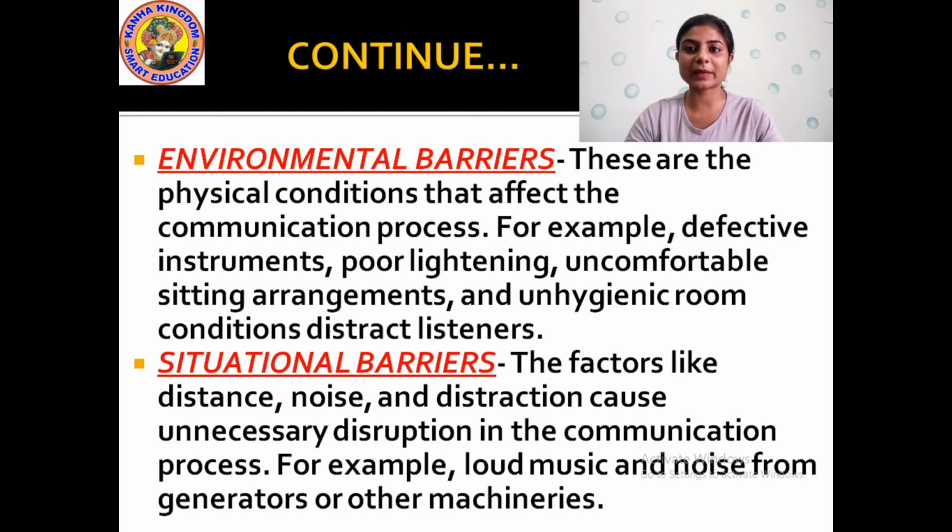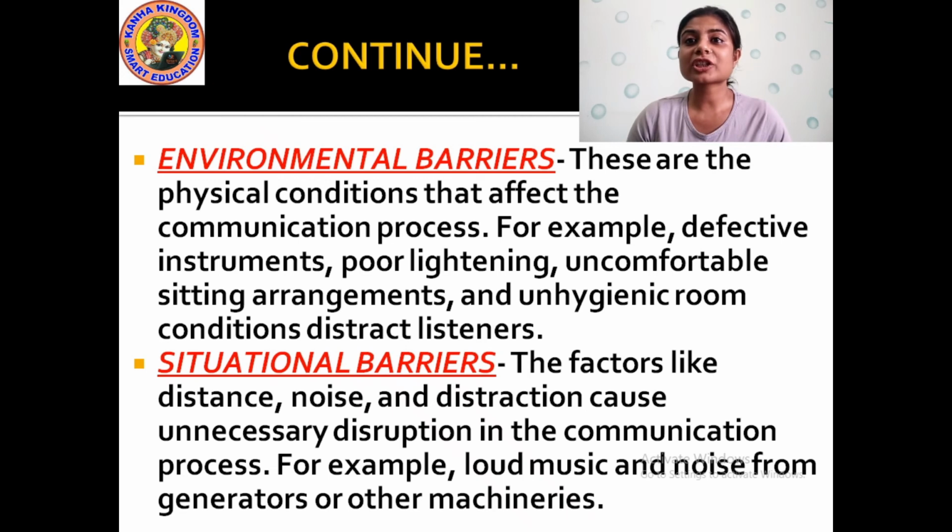Uncomfortable sitting arrangement: if the listener is not comfortable, there will be a miscommunication. And if the room is unhygienic, it may distract the listener from receiving your message. Alright, so that is some environmental barrier.